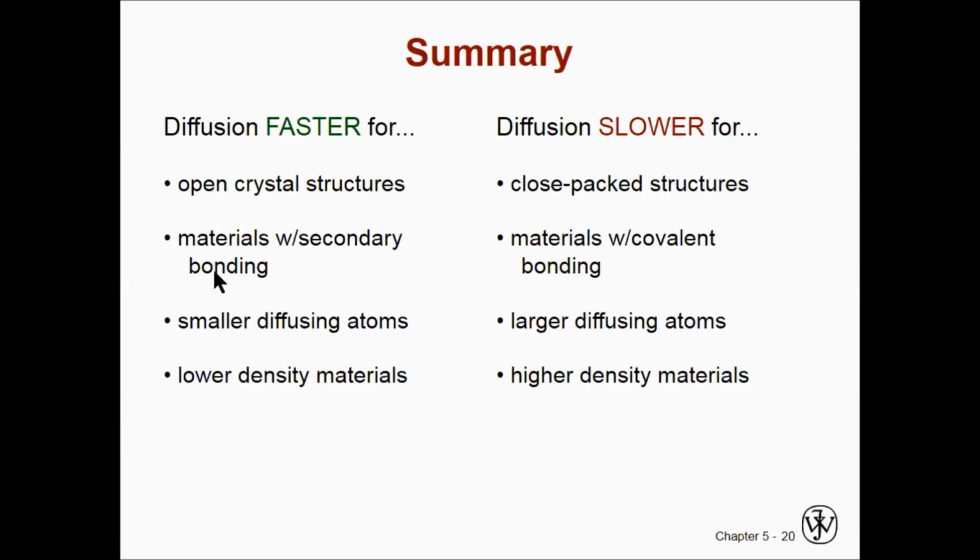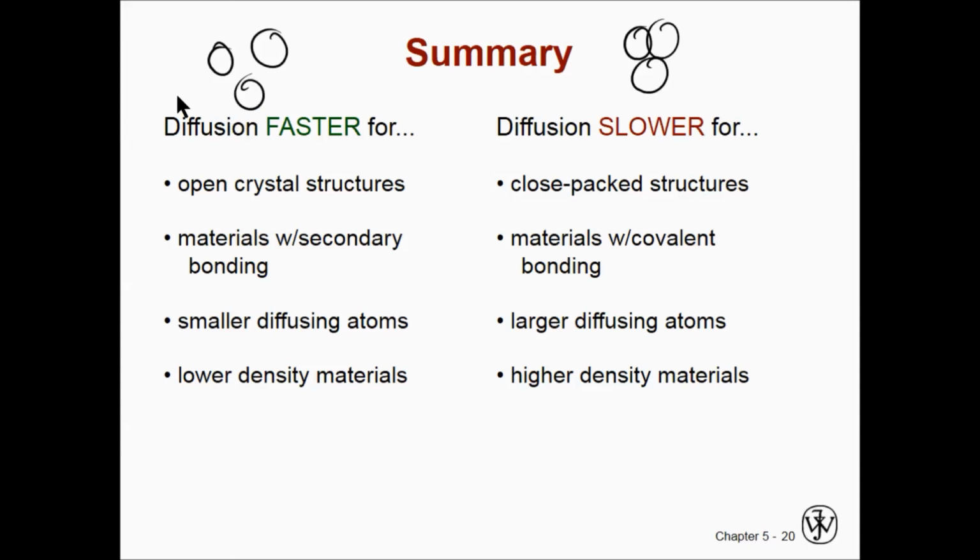So for summary, diffusion is faster for open crystal structures and slower for close-packed structures. So why? In order for diffusion to happen, the diffusing species should go through the material. Let's say this is an open structure, and this one is a close-packed structure.